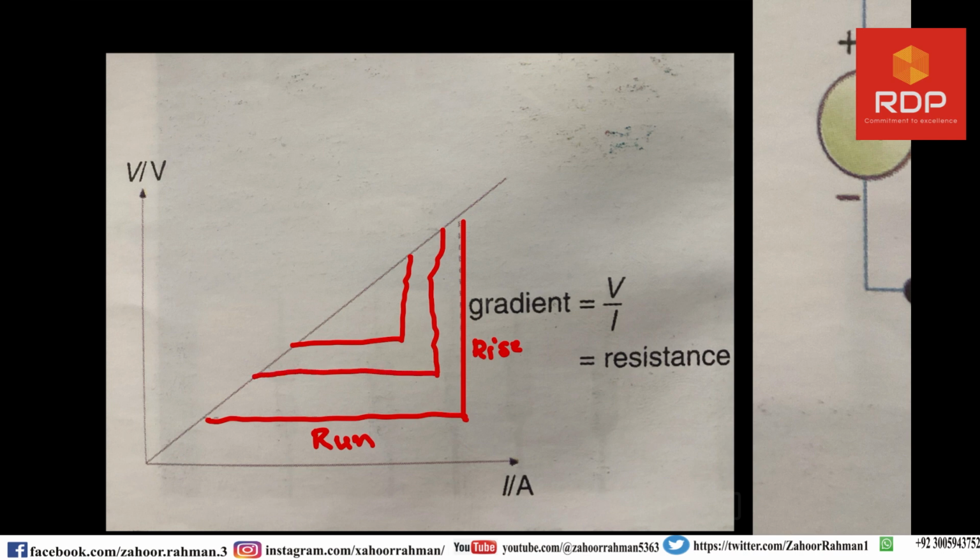Everywhere you will get a constant value. This straight line is showing the constant value, so the gradient will give us the resistance. The result of this will be that the gradient of the graph gives the resistance of the load R.